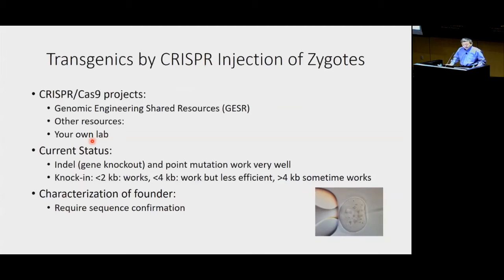I do receive some reagent from individual labs because they have experience, they have done that before. The second one is, if you don't have a lot of experience, you don't have the time, you don't have the hands, you can use other help. One of the helps is from the Genomic Engineering Shared Resource here at the University of Minnesota. Or you can use companies. We have local companies here, or any other ways.